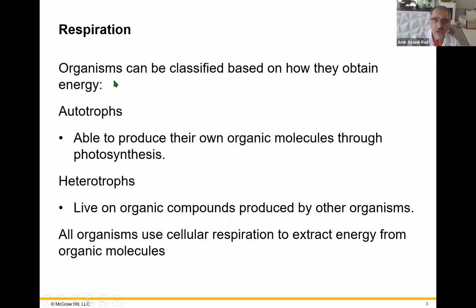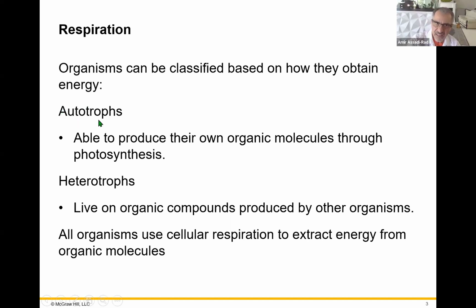Respiration. Organisms can be classified on how they obtain energy: autotroph and heterotroph. You possibly know this from middle school, elementary school. Autotrophs are organisms that make their own food. Auto means self, and troph means food, feed.